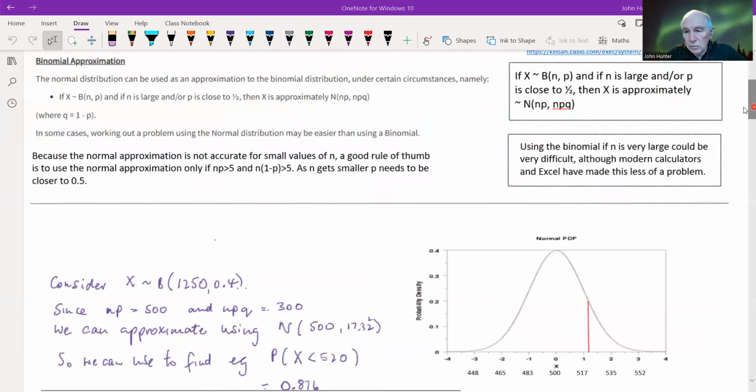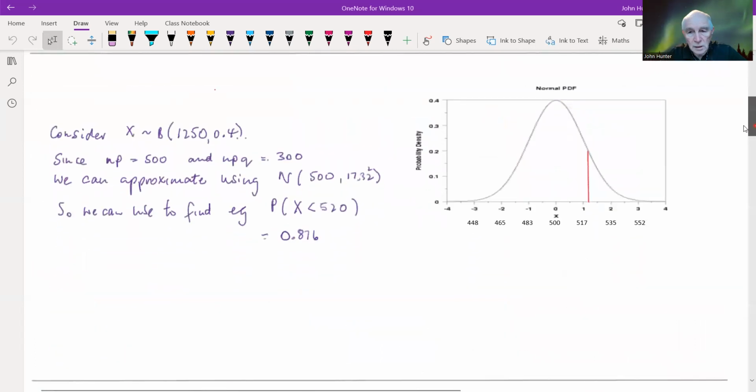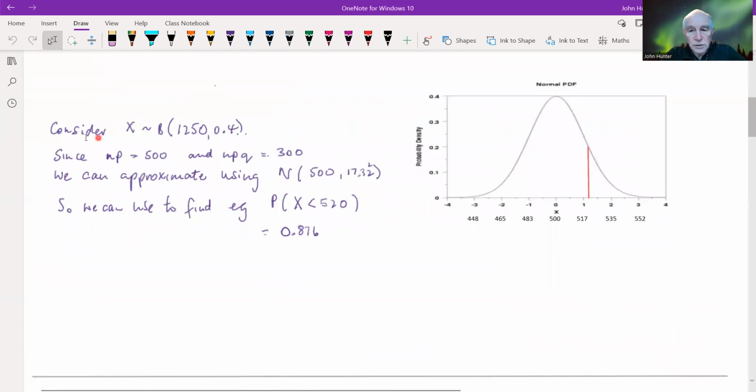Okay, so let's have a look at what this means in practice. Let's look at this random variable, which is binomial, with a large sample size, 1,250, and a probability of 0.4. We could probably see that it satisfies the size criteria quite well.